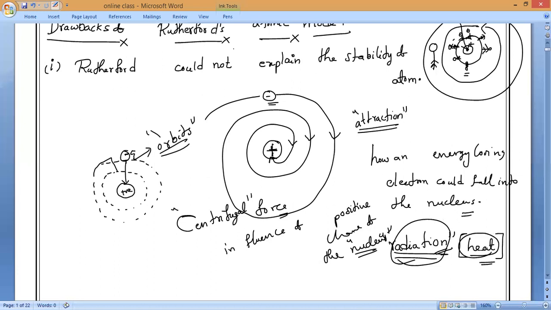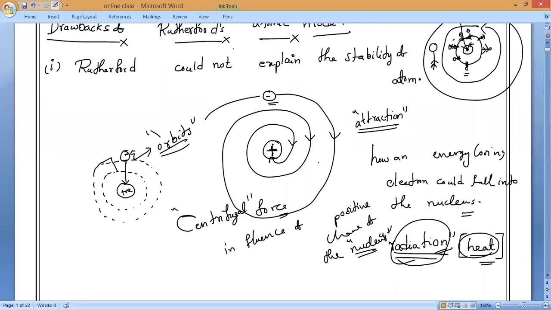What does radiation mean? That is heat. So if you apply this theory to the Rutherford atomic model, then the fast-moving particles, that is, the electrons, must lose energy continuously.